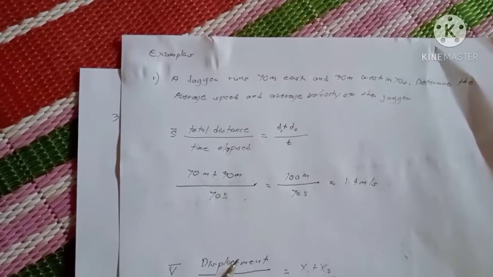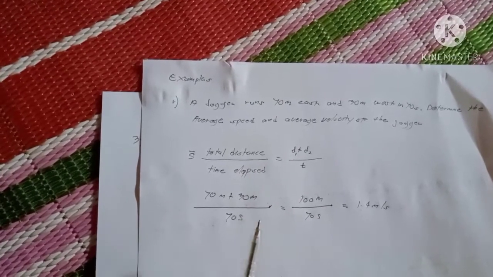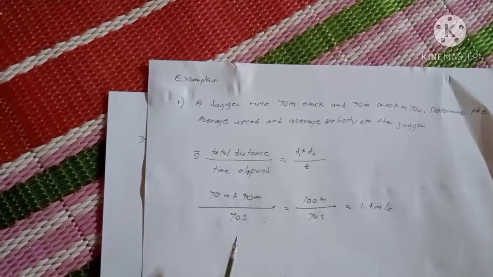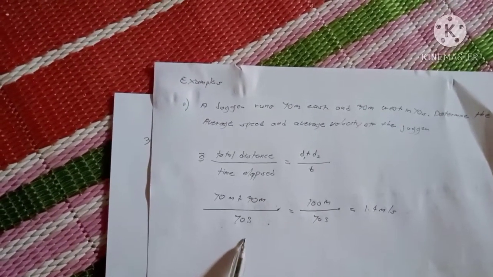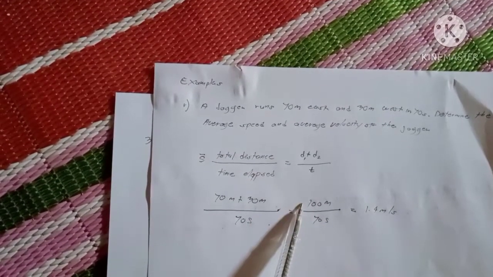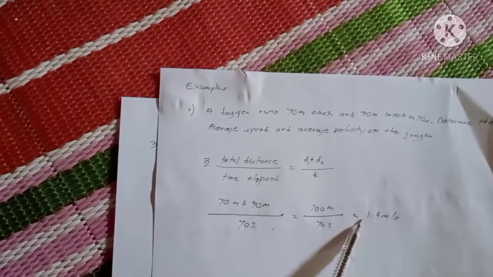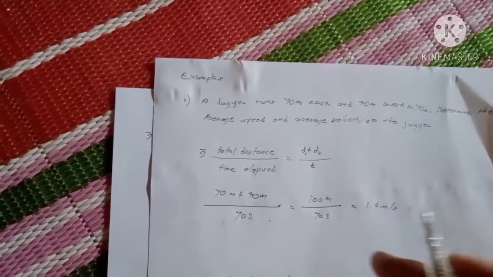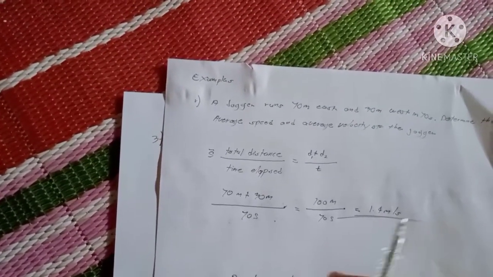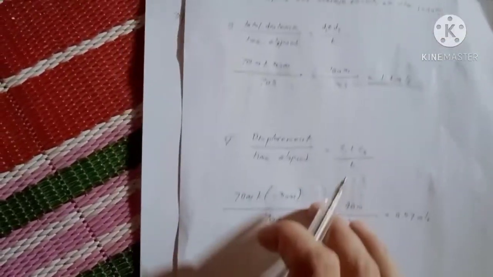So we calculate this formula. 70 meters plus 30 meters equals 100, and then the denominator, we copy it. 100 meters divided by 70 seconds equals 1.4 meters per second. So this is our average speed.